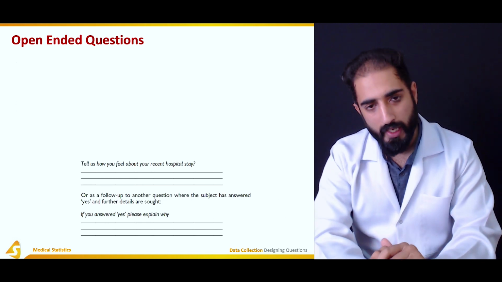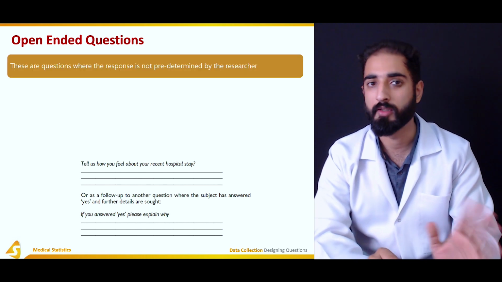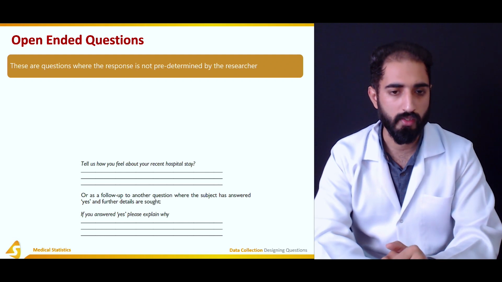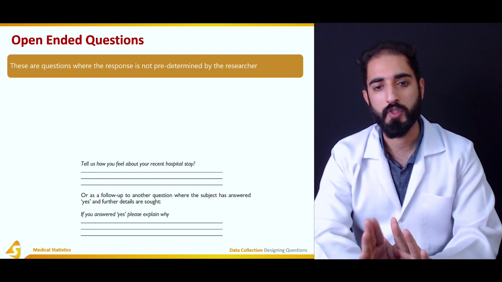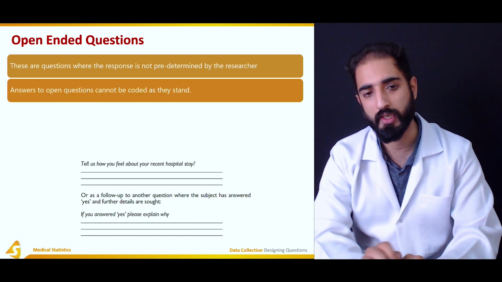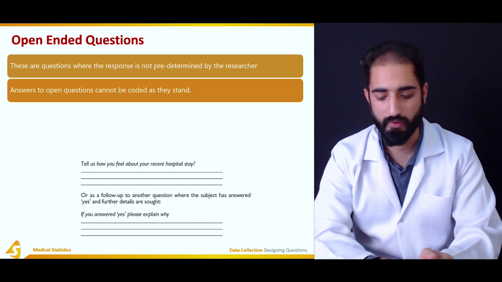Now, there are open-ended questions and there are closed-ended questions. Open-ended questions are more focused toward the patient or the person from whom you are asking the question. These are questions where the response is not predetermined by the researcher, so you cannot code for these questions in advance, and the answers to open questions cannot be coded as they stand, as I already said.